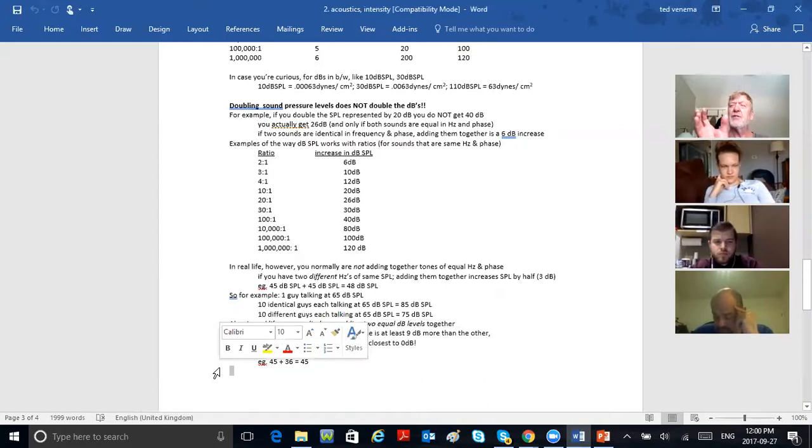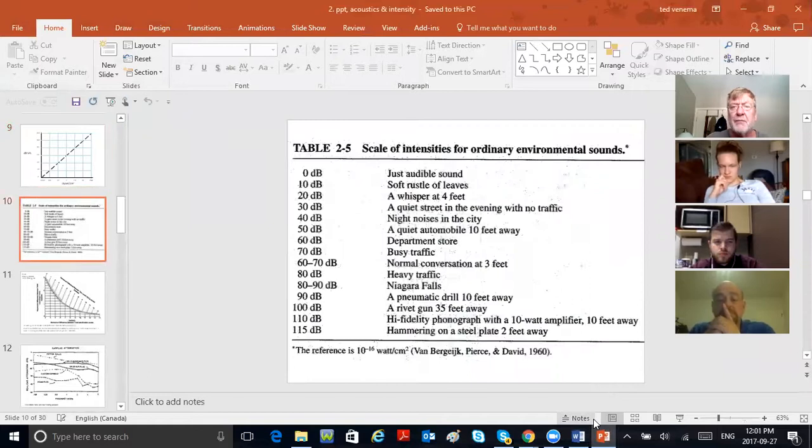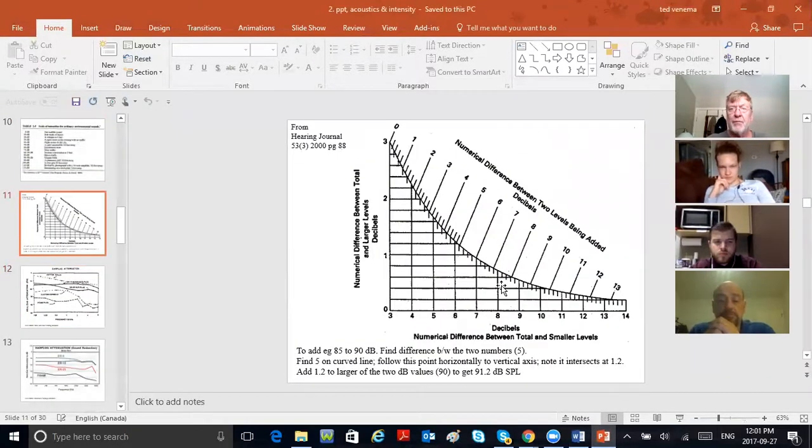And as soon as the decibel distance between the two is less than 10, then you do start actually adding. So take a peek at this particular picture here. Let's say you're adding 85 to 90. These are only 5 decibels different. It's not like 60 and 50, those were 10 decibels different, where an elephant plus a mouse is basically an elephant.